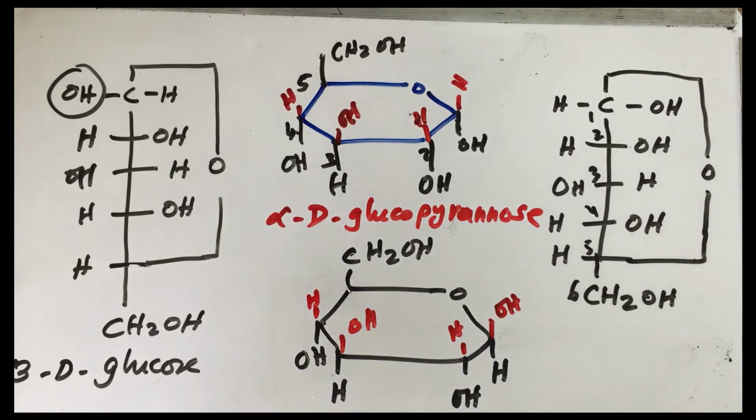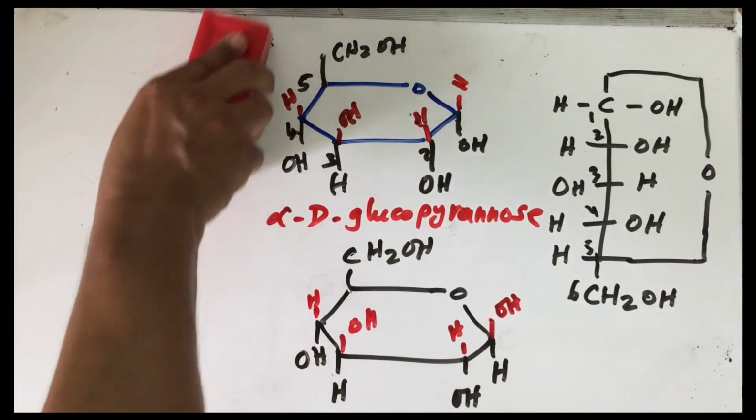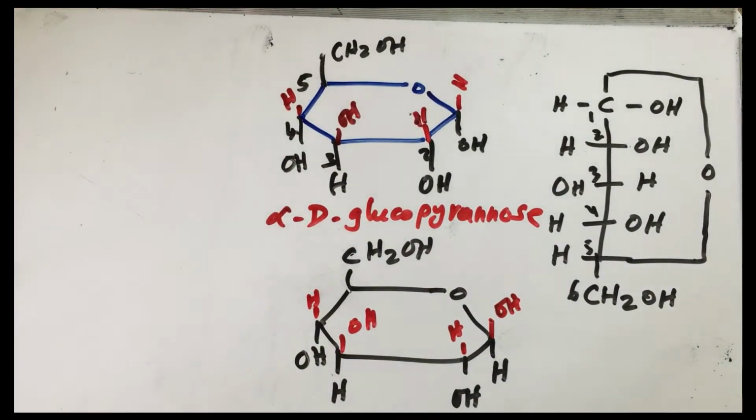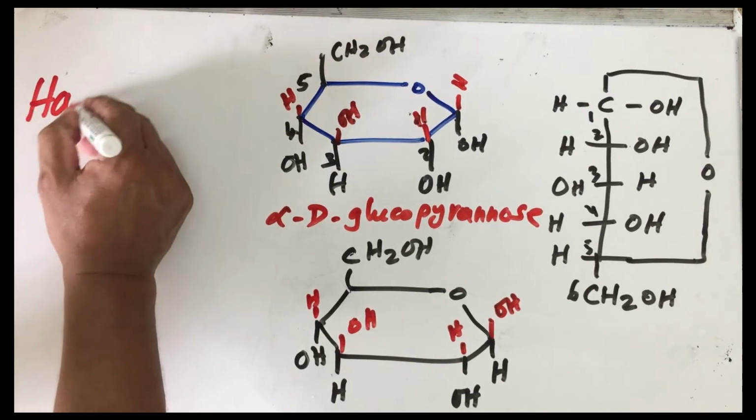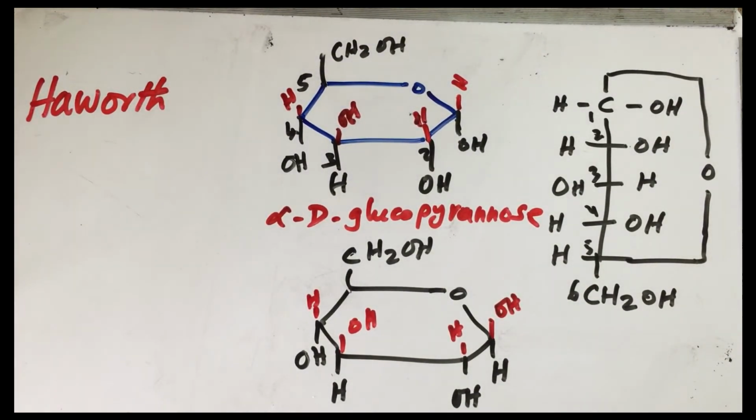So we have learned how to draw the ring structures, the cyclic structures. These cyclic structures were initially formulated by a very famous scientist called Haworth. So these are called Haworth's formula, Haworth's ring structure.